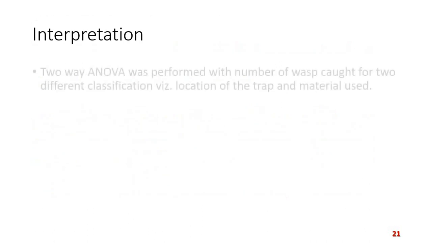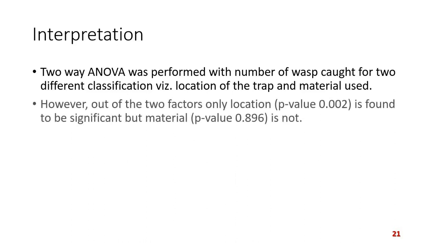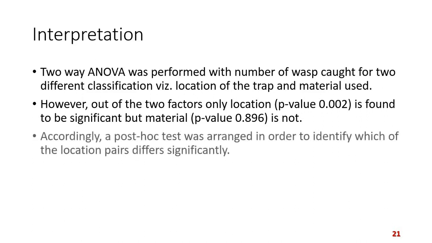Now let us go for the interpretation. We first tell what we have done here. Two-way ANOVA was performed with number of wasps caught for two different classifications or factors, that is location of the trap and material used. However, out of the two factors, only location is found to be significant, but material is not. We have also quoted the p-values correspondingly.